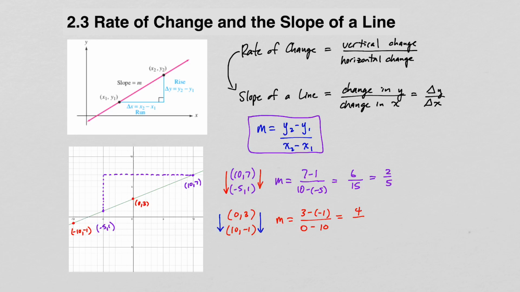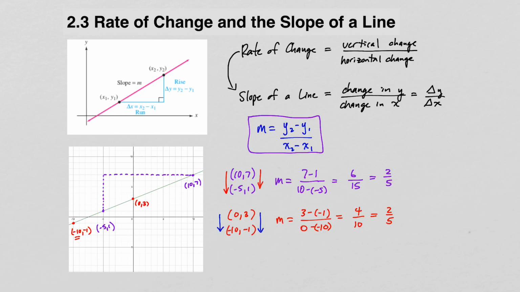The point over here is -10, so I need a negative there. So just a proof that I am human and do make mistakes. But anyway, if we do 0 take away -10, we end up getting +10. And 4 divided by 10 can be reduced to 2/5.